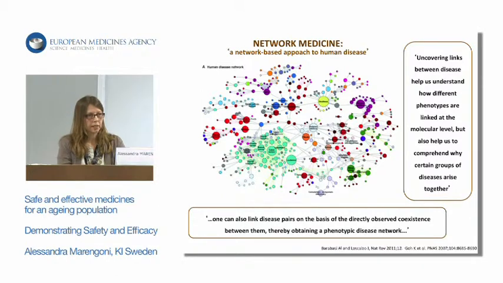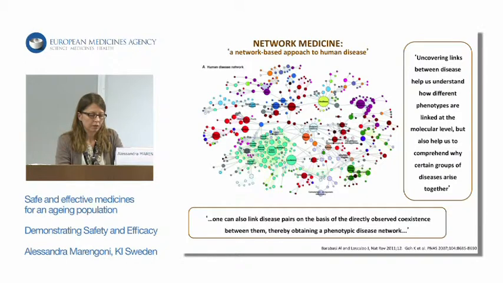And the idea is that if we observe directly the link, the coexistence amongst diseases, this may help us to understand also why groups of diseases arise together, maybe because they have a similar molecular background. And this is probably the future, but maybe something could be done also now.